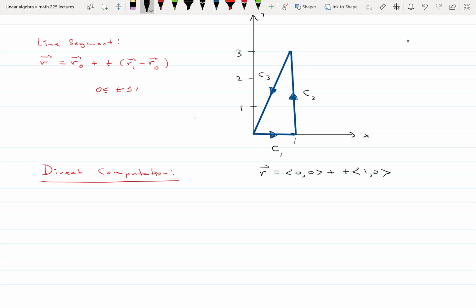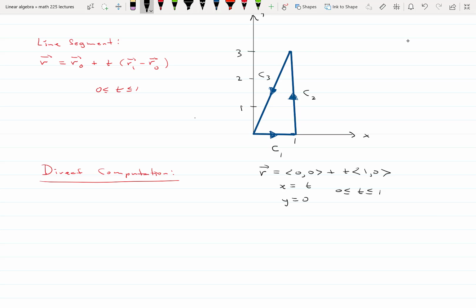So there's our vector form of the line. So the parametric form of the line would be, just looking at the components, x equals T, y equals 0, where T ranges between 0 and 1. Here's the parameterization of C1.